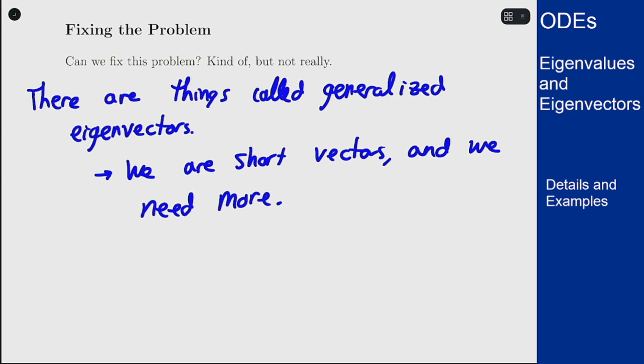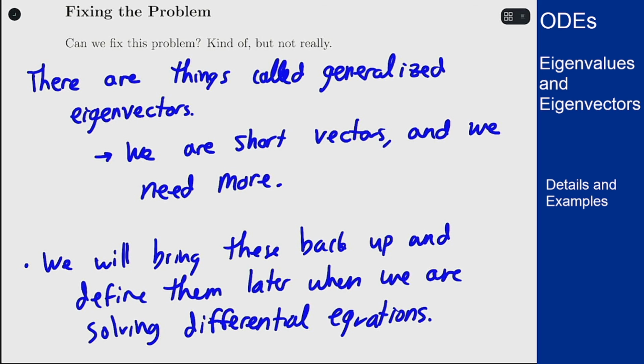But the easiest way to think about what these are, what they're doing, is in the context of solving differential equations. So we're going to hold off on what these are and how they work until they arise more naturally in solutions of differential equations. They're very cool things in their own right, but in terms of actually progressing things forward, the easiest way to define them and bring them up is when we need them later. So they'll come back up later.